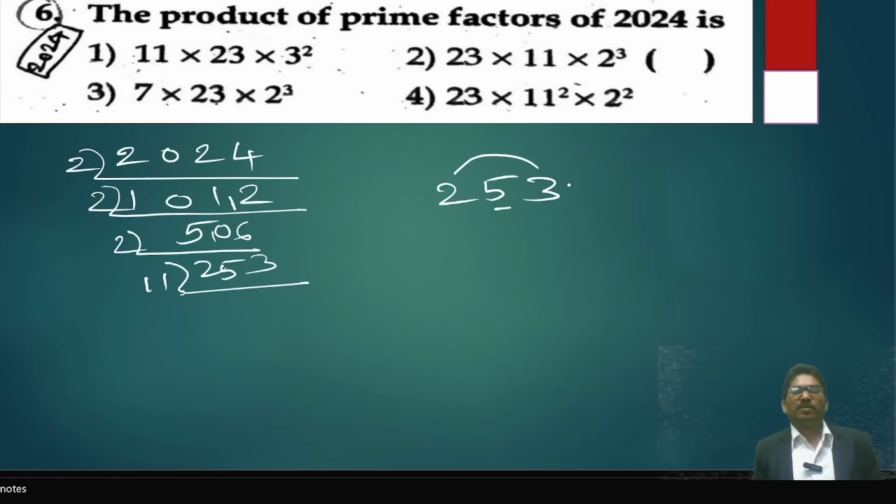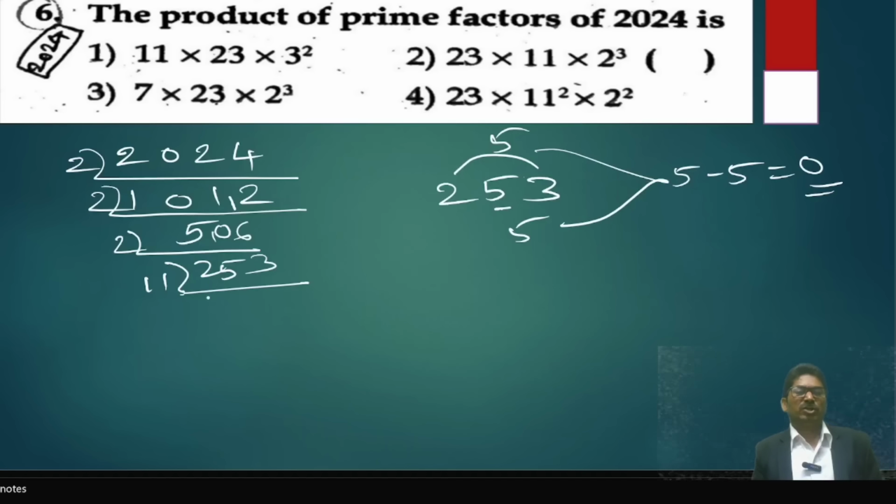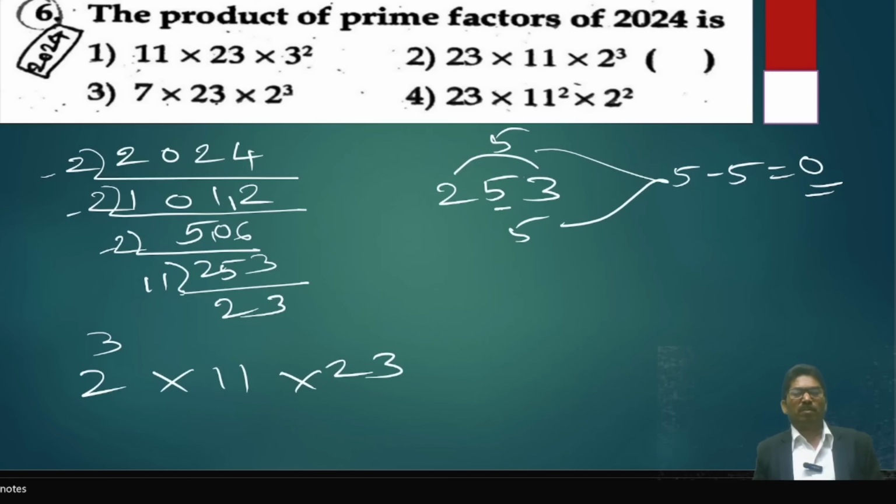If the difference of sums of alternate digits is 0, then it is exactly divisible by 11. This is 5, this is 5, so the difference 5 minus 5 is 0. So this number is exactly divisible by 11. 11 2s are 22, 11 3s are 33. So the prime factors are 2 cube into 11 into 23.